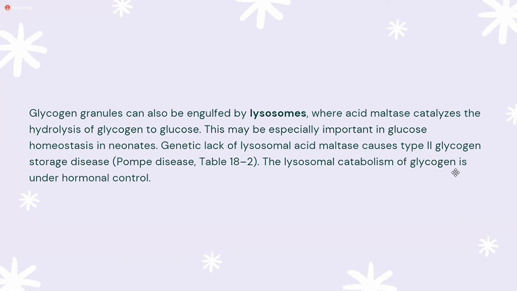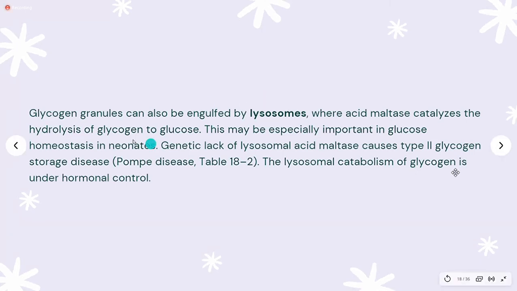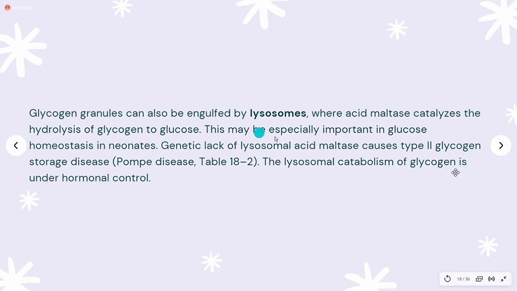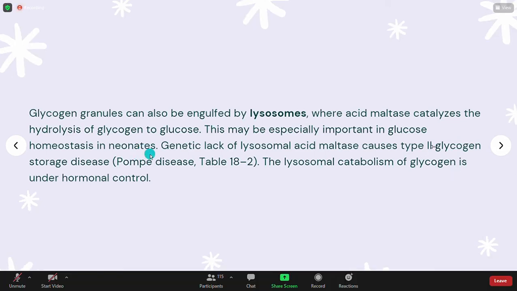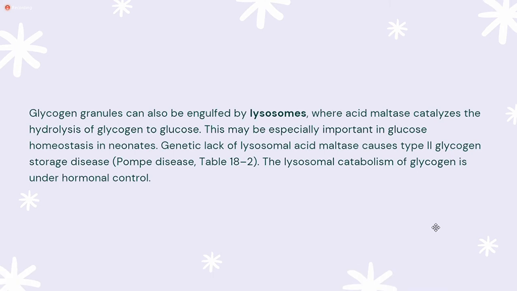It says that glycogen granules can also be engulfed by lysosomes, where acid maltase catalyzes hydrolysis of glycogen to glucose. This is important in glucose homeostasis in neonates, where glycogenesis and glycogenolysis are not yet well established.